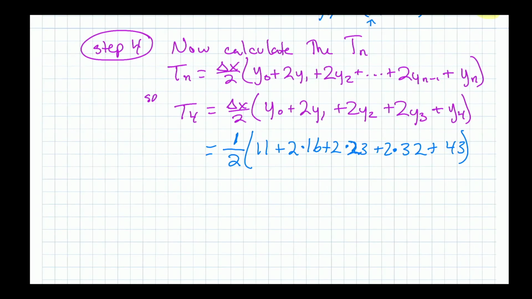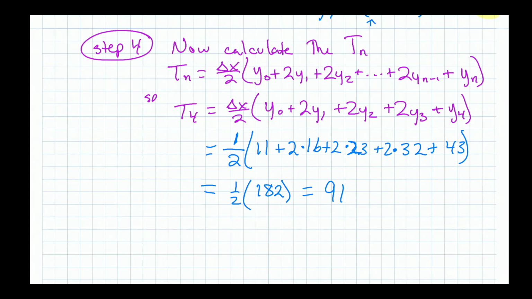So you work this out on a calculator. 11 plus 2 times 16 plus 2 times 23 plus 2 times 32, no, just plus 43. I get 182. So it's just 182 times a half. So it's 91.